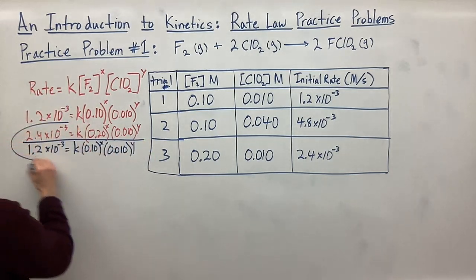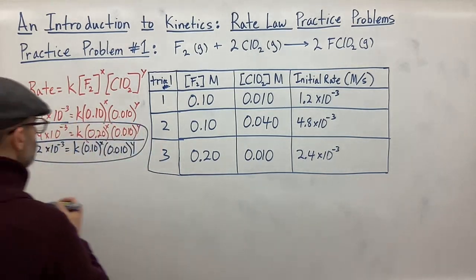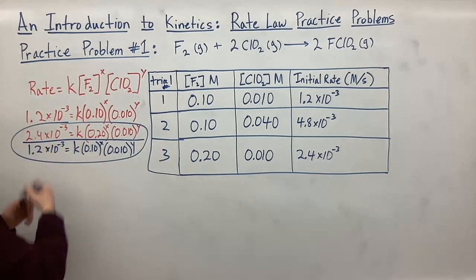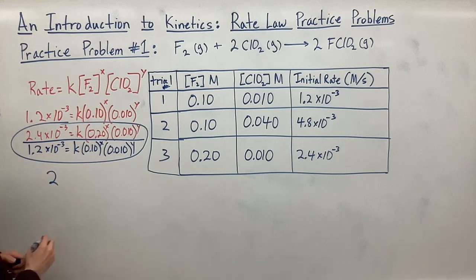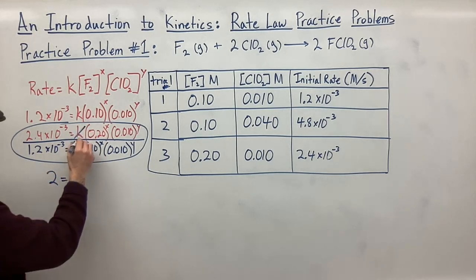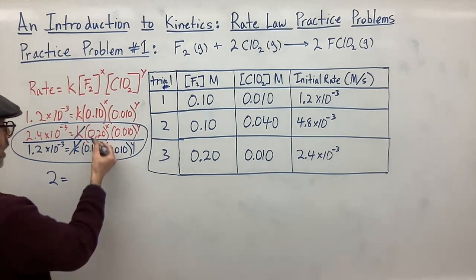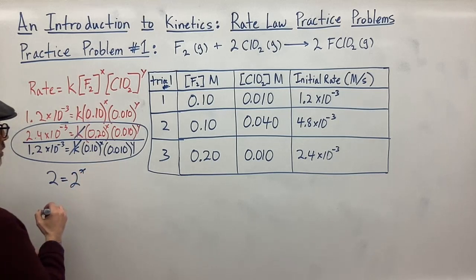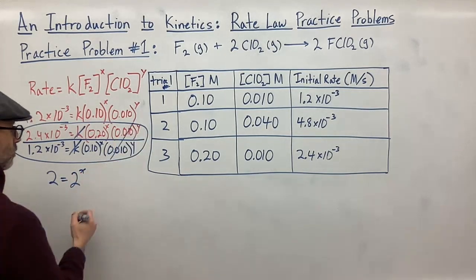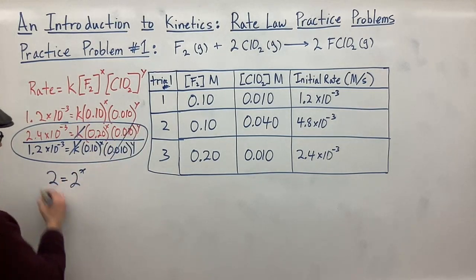So if I divide them, this divided by this is 2. K's cancel out. This to the x over this to the x ends up being 2 to the x. And then these cancel out because they're the same.